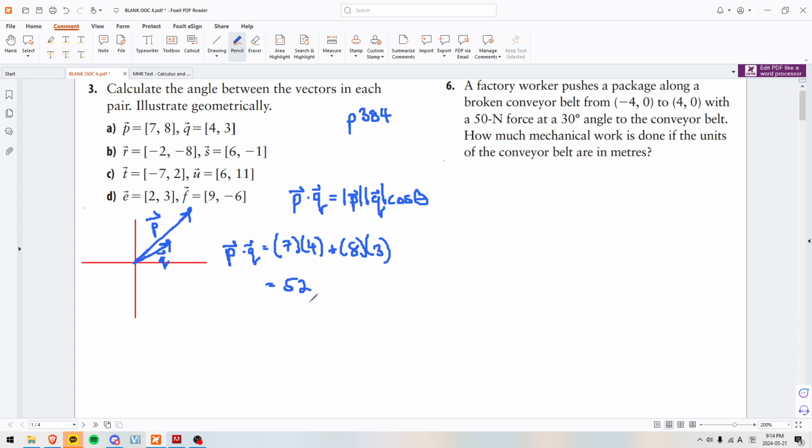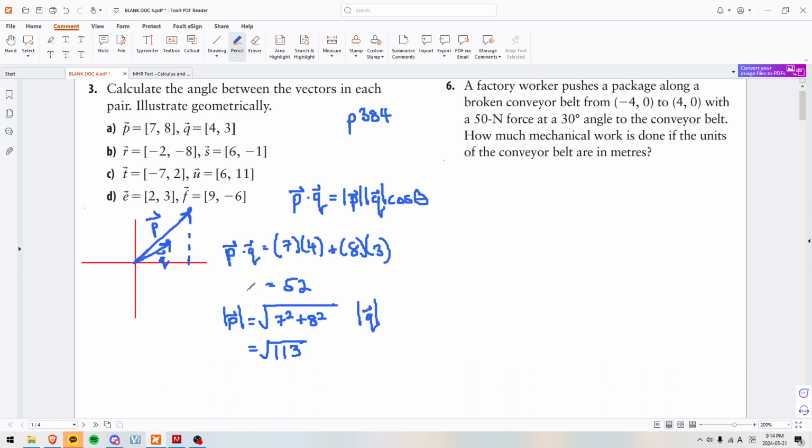Next, we'll also need the magnitude of P. By the Pythagorean theorem, the base is 7 and the height is 8, so we have 7 squared plus 8 squared equals hypotenuse squared, and so I have the square root of 49 plus 64, that's 113.